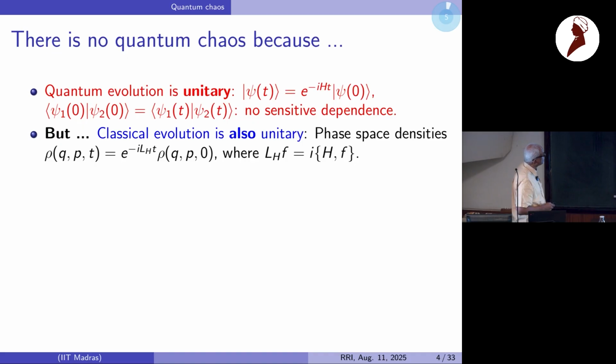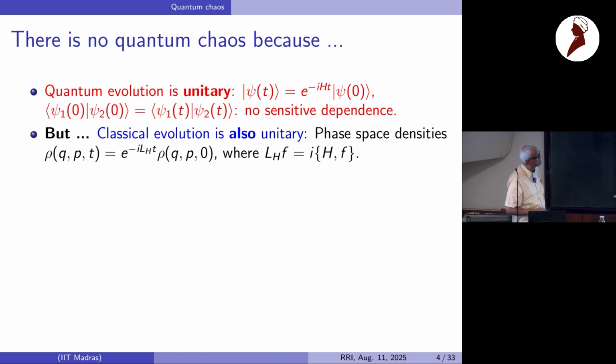But I can argue also that classical evolution is also unitary. Phase space densities, like what I showed you just now, also evolve unitarily. They evolve by exponentiating the Liouville operator, where the Liouville operator acting on a function f is just the Poisson bracket of the Hamiltonian with f.